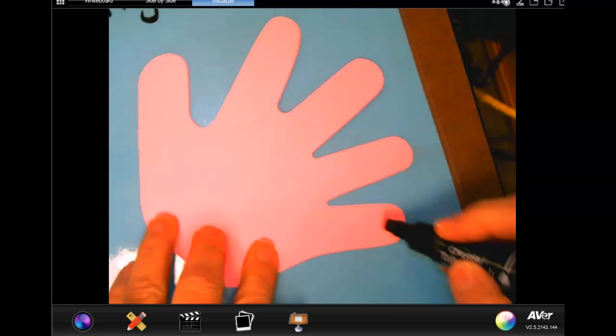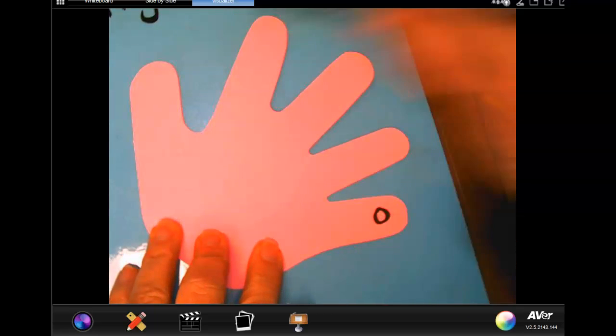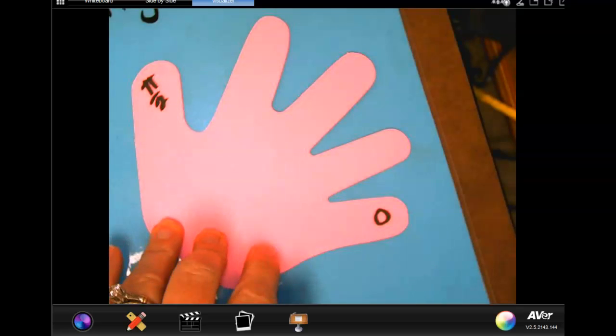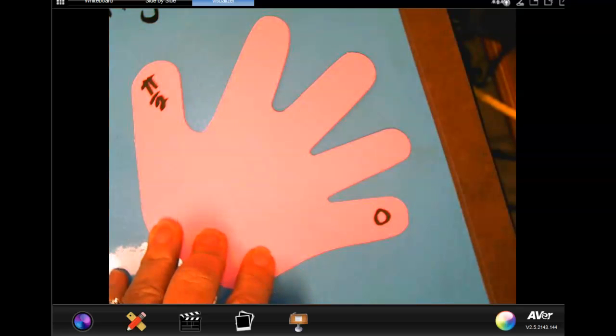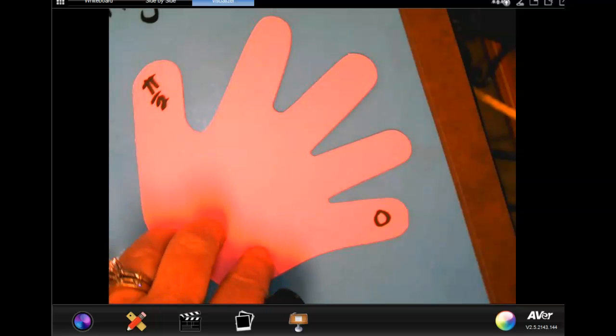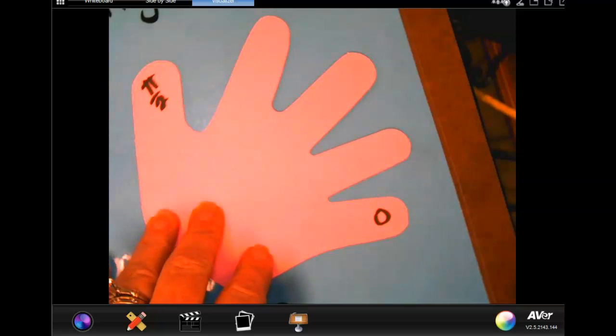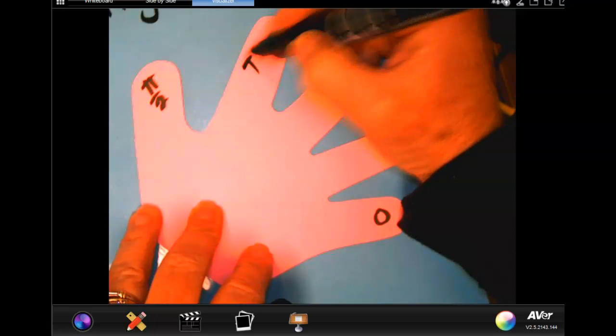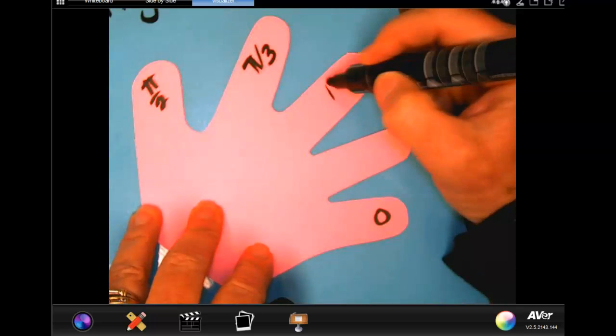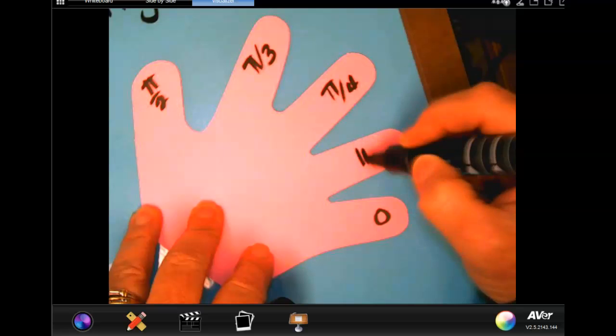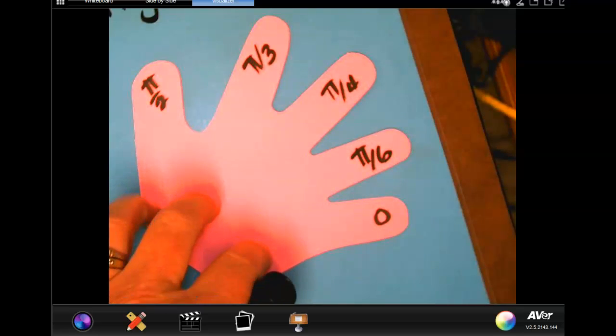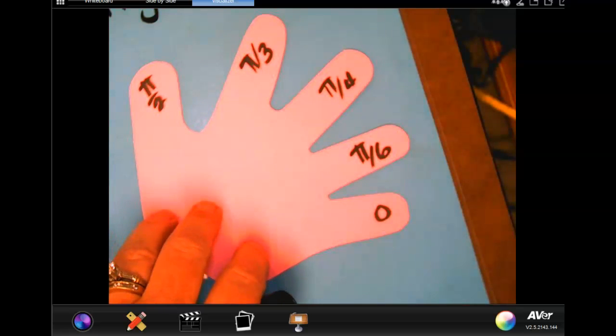This is 0 and this is my pi over 2. We're using our imaginations. So that means this is pi over 3, pi over 4, and pi over 6.